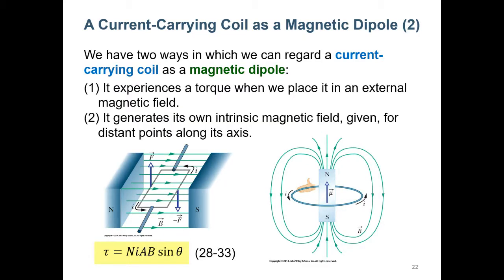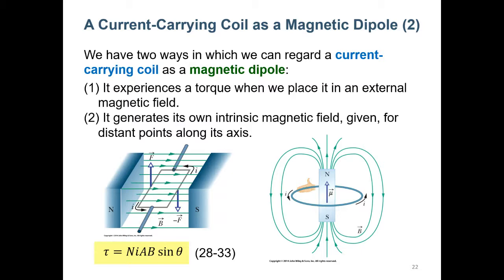So we can also say that there are two ways in which we can regard a current carrying coil as a magnetic dipole. It experiences a torque when we place it in an external magnetic field.